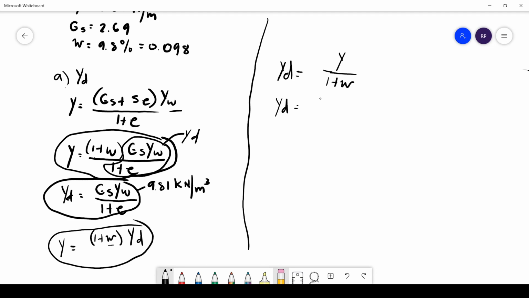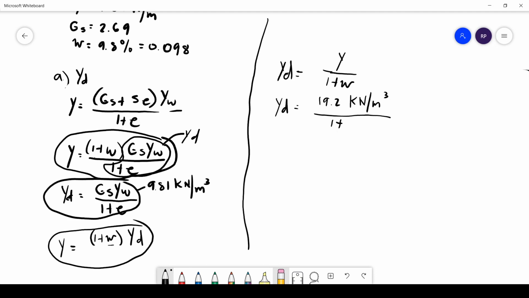Your moist unit weight is 19.2 kilonewton per cubic meter all over 1 plus the moisture content. Remember, in solving problems in geotechnical engineering, we don't use our percentage, lalong-lalo na sa void ratio, yung mga ratios natin.